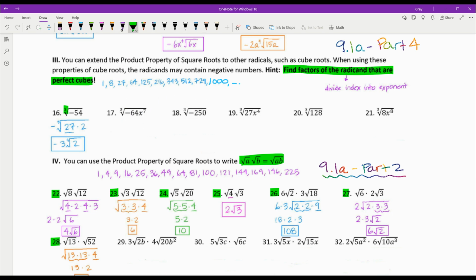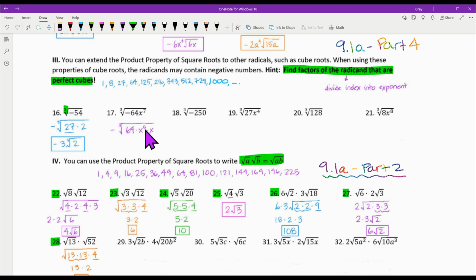Number 17. Cube root of negative 64x to the 7th. So the negative's going to come out. 64, that's in the list, so I didn't have to write it again.